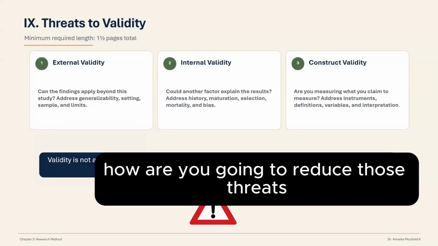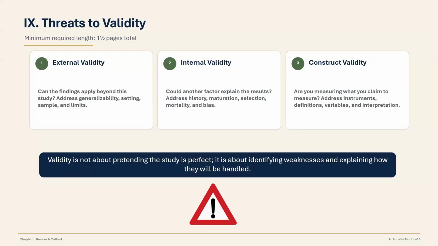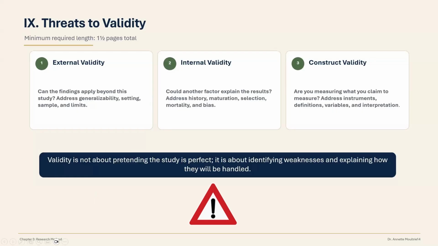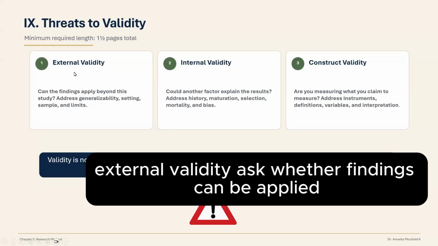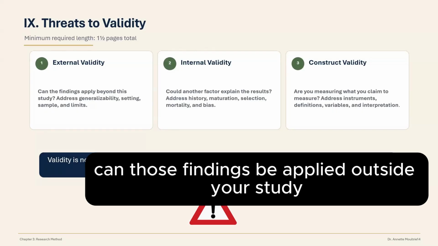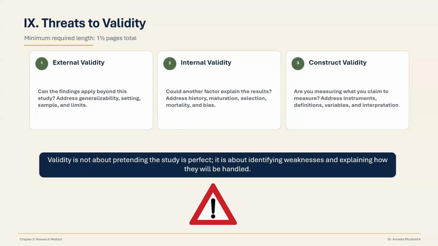How are you going to reduce those threats? Let me explain external validity. External validity asks whether findings can be applied. Can those findings be applied outside your study?